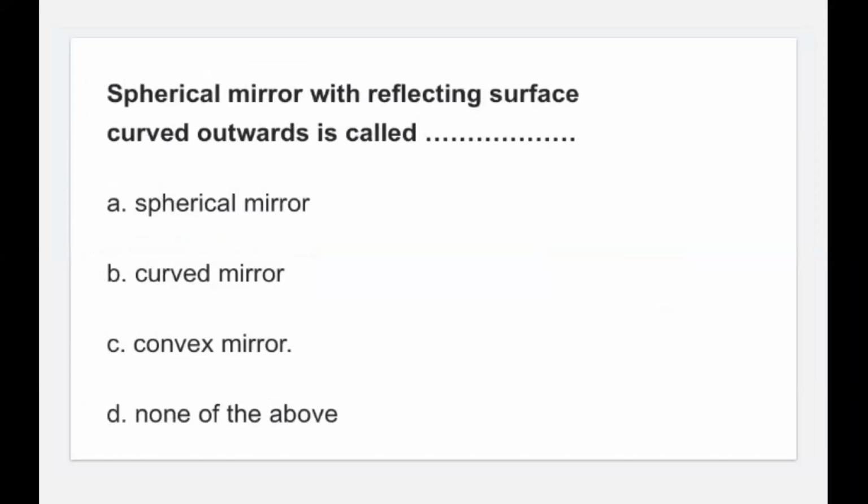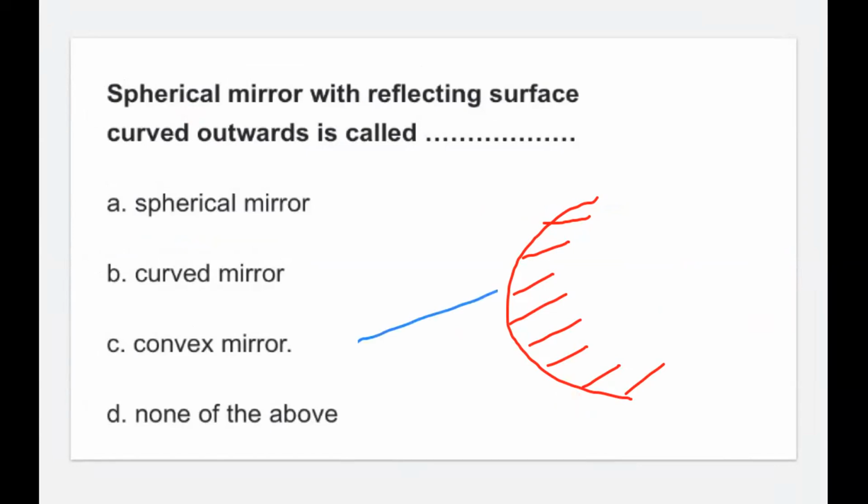Next is the spherical mirror with the reflecting surface curved outward is. Now, when I want to show curved outward, see how it will be shown. This is the mirror. It is coated with silver here, and the polished surface is the outer part, which we also call a bulged out part.